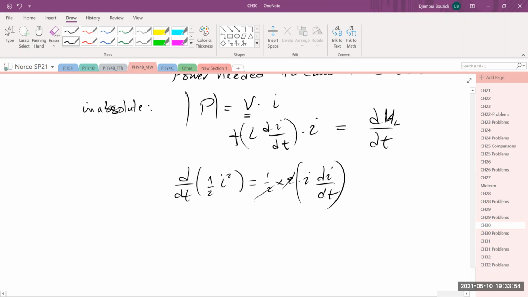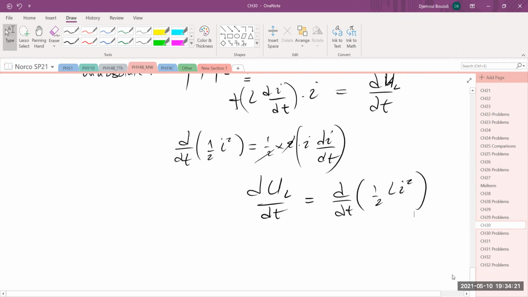So the 2 cancels the 2. So I dI/dt is just the derivative of 1/2 of I squared. So the rate of the energy in an inductor is the derivative with respect to time of 1/2 of L I squared. Because if you take this derivative, we're going to end up with the same quantity in here.